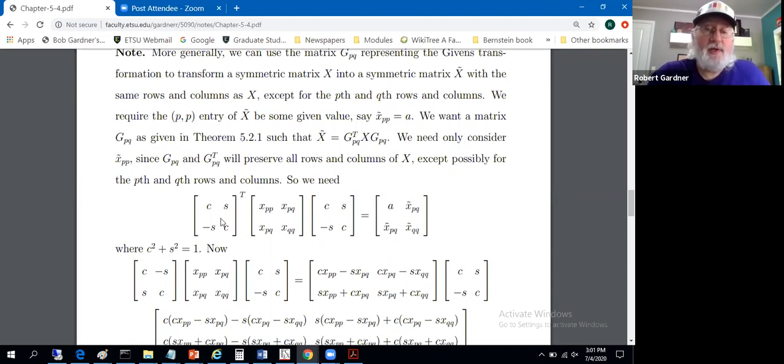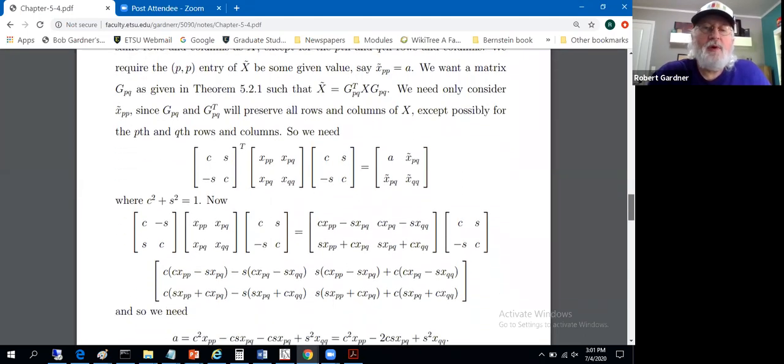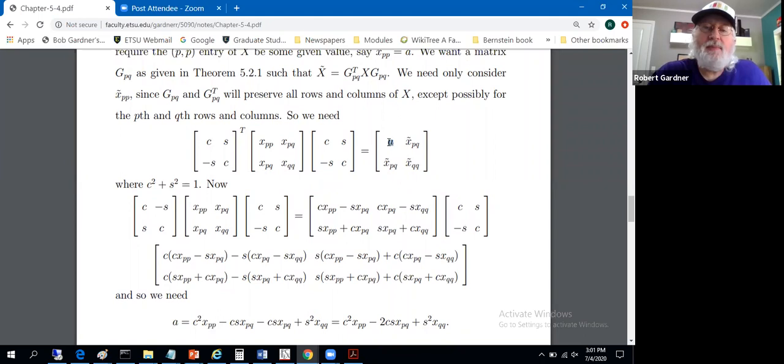So here's a submatrix of G sub PQ transpose and the corresponding submatrix of G sub PQ. We want this to give us out X sub PP tilde. We want that to be value A, and any other things that come out. The question is, how do you choose C and S for this to work in terms of A and entries in matrix X? I'm going to add a little condition here. This is basically a normalizing condition. We got a lot of unknowns, so we're trying to narrow down precisely what C and S could be.